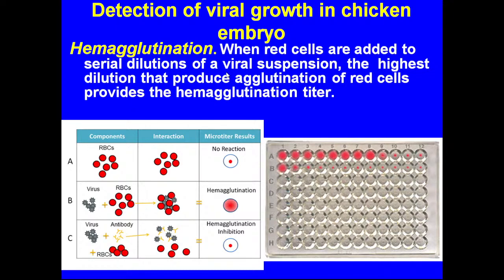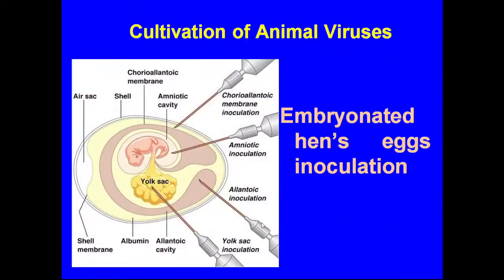And a very popular one is so-called hemagglutination. What is it? First, if the virus is multiplying, the newly synthesized virions will be released into the allantoic fluid.